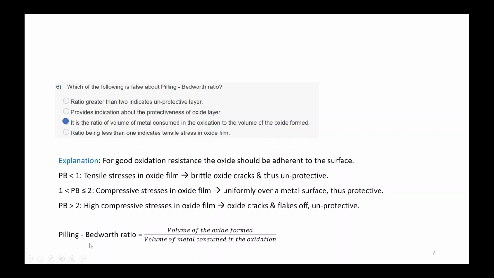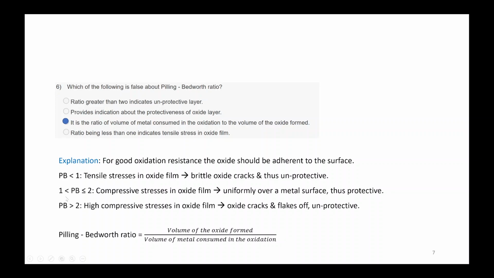So this Pilling-Bedworth ratio is given as volume of oxide formed divided by volume of metal consumed in oxidation. If it is lesser than 1, there will be tensile stresses in oxide film. So it will make it brittle oxide, it will crack and will become unprotective.